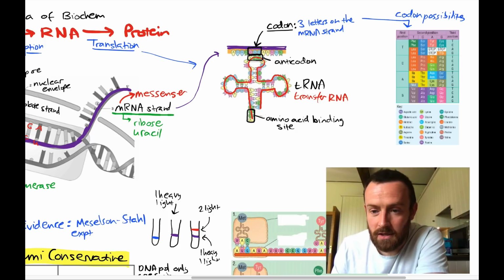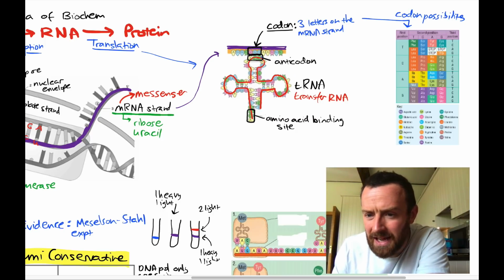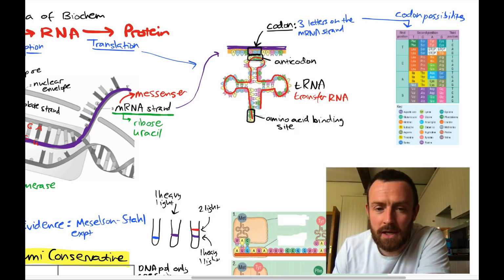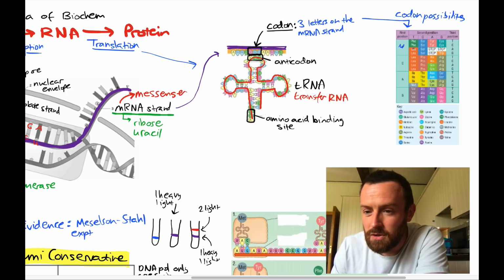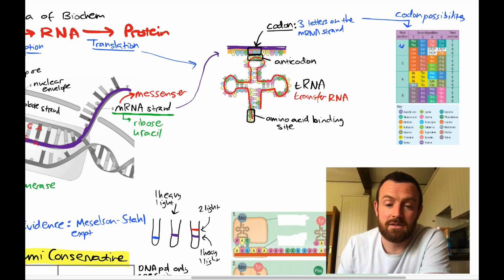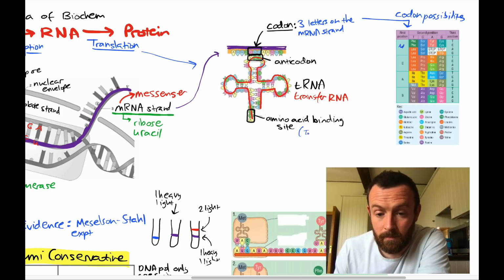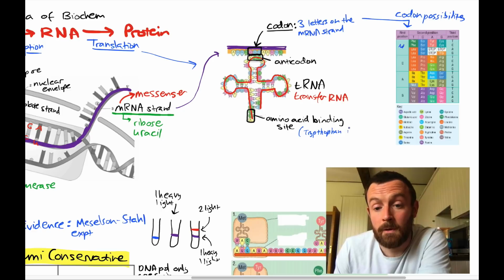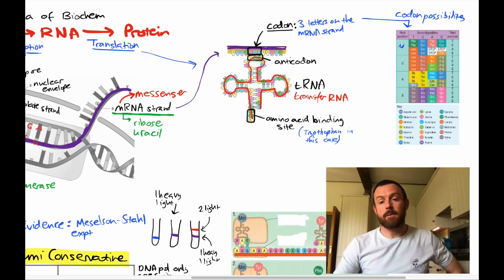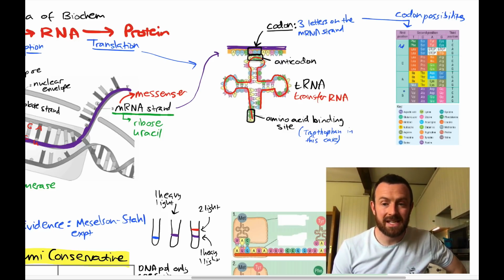So here, I can actually work it out. UGG, I have to substitute this here because this is the DNA codon actually. UGG would be tryptophan, okay? So in this case, I can actually see what codon it's binding to, and this is the map of the codon possibilities.